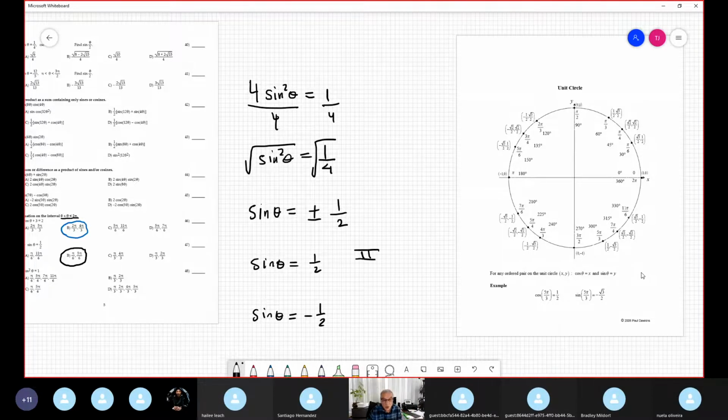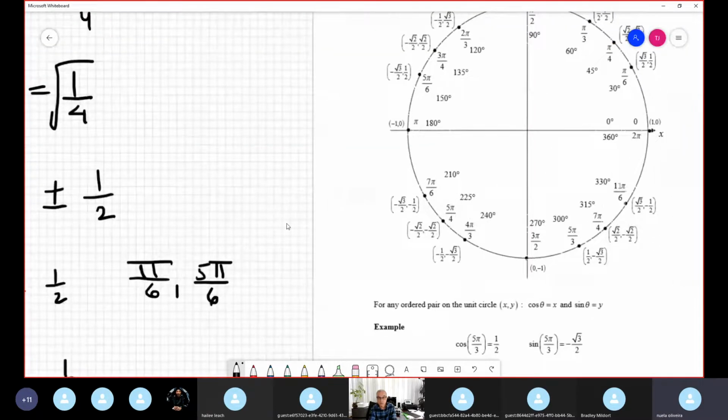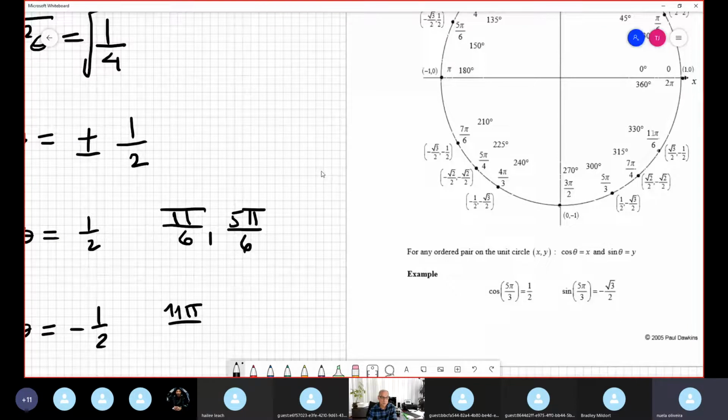Yes? And negative 1/2, help me, at what angle is the sine negative 1/2? It's 11 pi over 6.